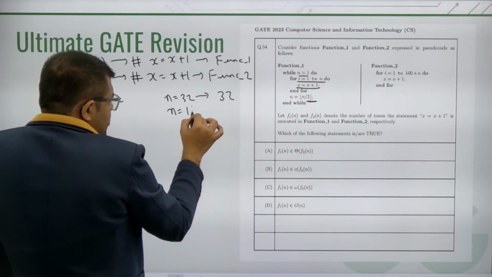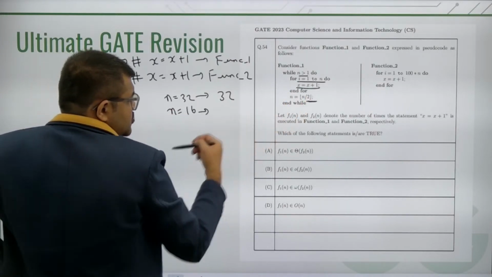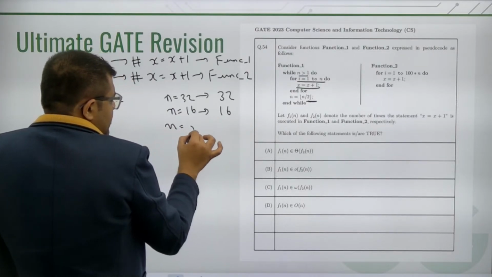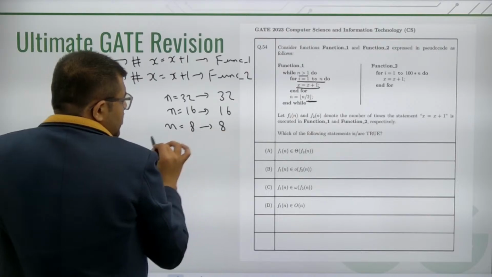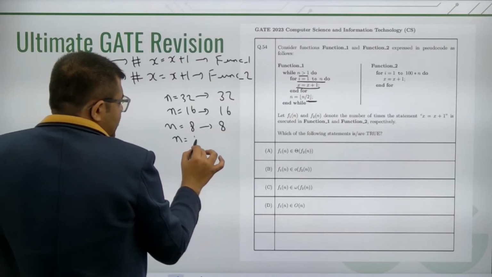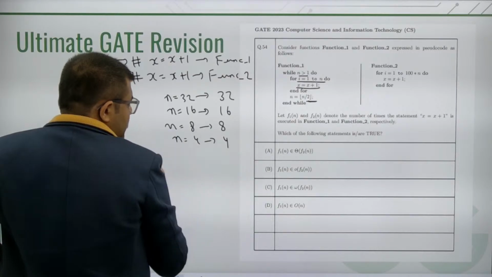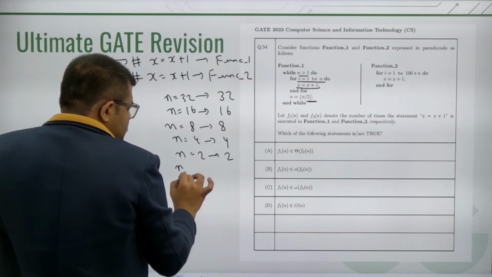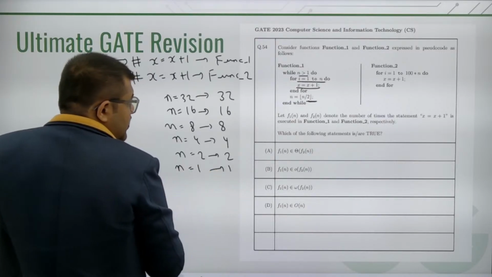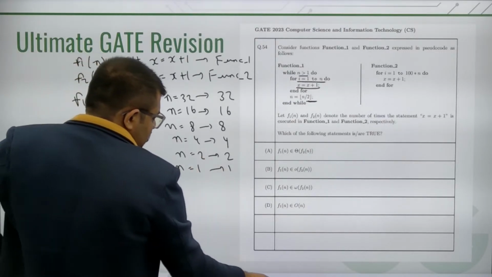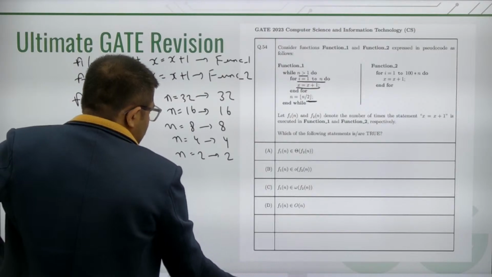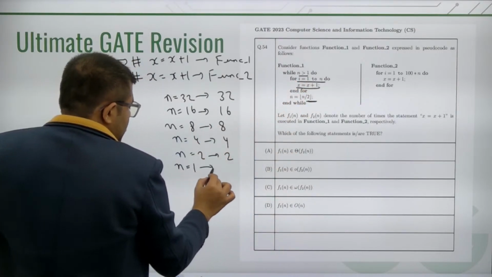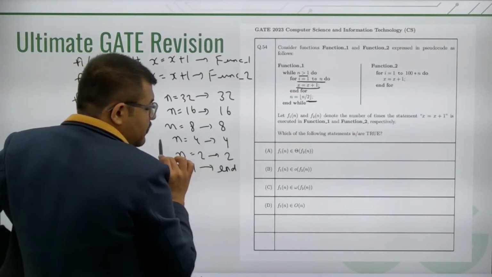Now the n value will become 16 because n equals n by 2. Now the inner loop will run 16 times. Then n will become 8, inner loop will run 8 times, then n will become 4, inner loop will run 4 times, n will become 2, inner loop will run 2 times, n will become 1. This will not be executed because we only run while n is greater than 1. So when n equals 1 happens, we come out of the outer while loop.